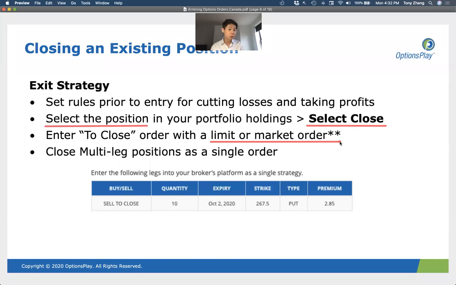And lastly, if you currently hold a multi-leg position, you always want to make sure that you enter an order to close both legs at the same time. You do not want to leg out of your multi-leg order. I get questions from investors sometimes asking, can't you make a little bit more profit if you leg out at different times? And the answer is absolutely.